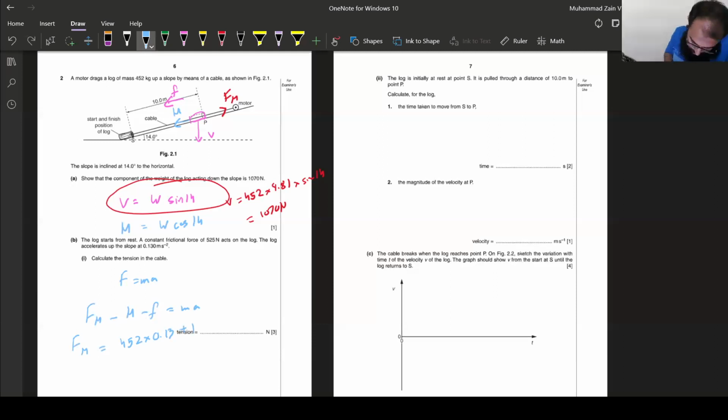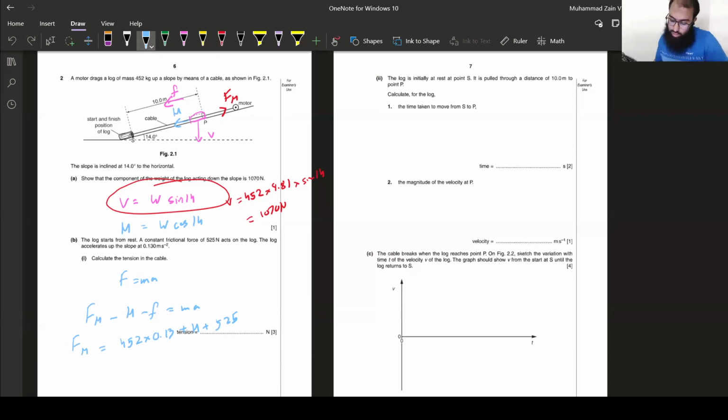I'm not solving this whole thing, but this is how we'll do this. So do this and you'll be able to find Fm, which is the force by the motor and which is again the tension force in the cable.